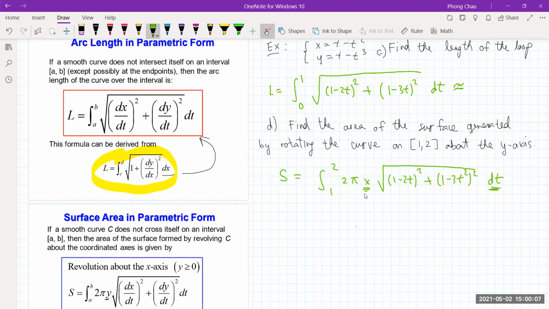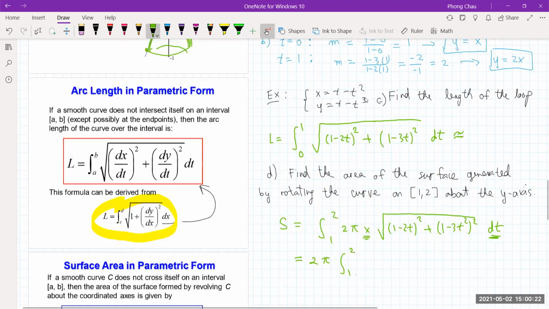Now, one thing we have to change is that the variable of integration is t, so you cannot have an x there. So I'm going to simplify a little bit. Let me take out the 2 pi. So that's 2 pi integral from 1 to 2, and what is x? x is t minus t squared.